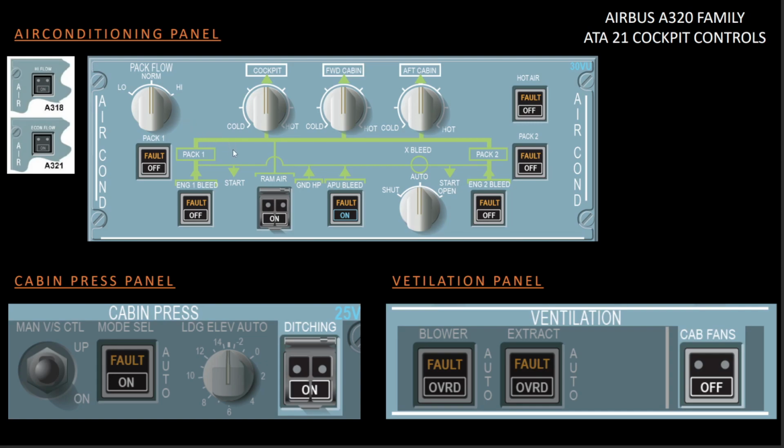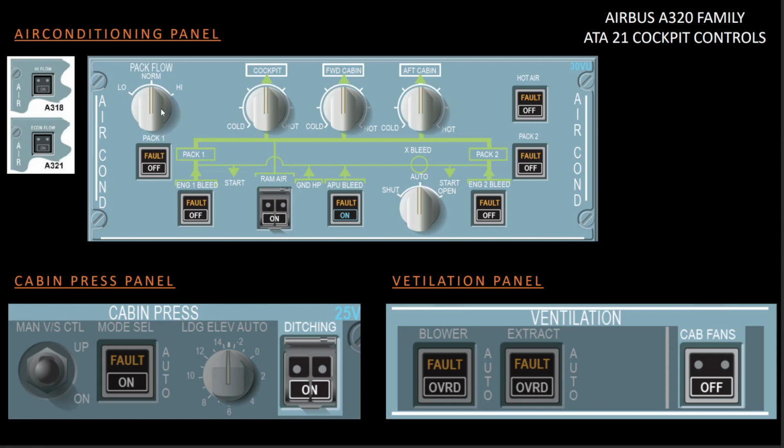And there's a third scenario, in case you have selected this to low. Why do you select this to low? If you have fewer passengers in the cabin, you can have this at low position, so you will get a low airflow into the cabin, therefore saving fuel. And when this is placed in low position, if the required cooling demand cannot be achieved, the system will give you the supply at 100%.